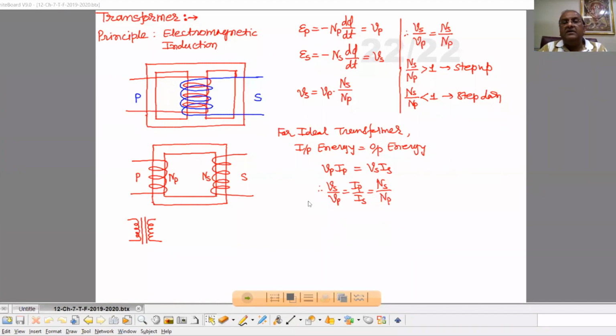And when the electrical energy reaches the end user, a step down transformer will give you the original form of electrical energy, meaning it will give the required voltage and required current to the end user. To minimize this transmission loss, this is very, very useful. So now the chapter is complete.